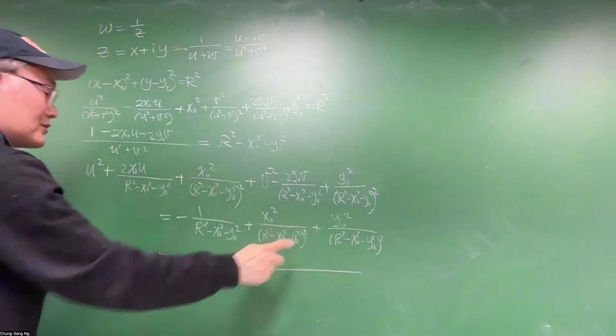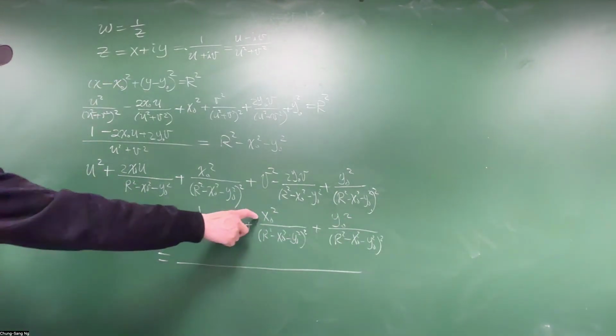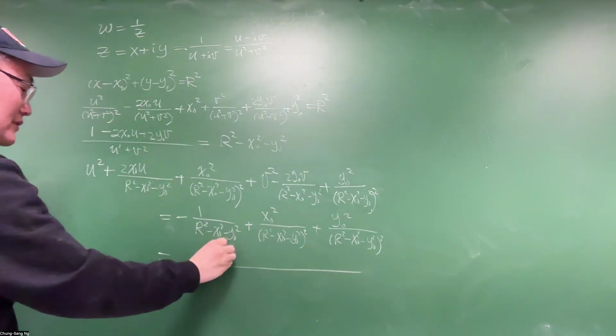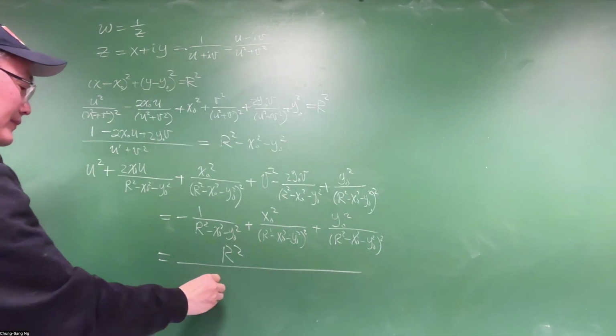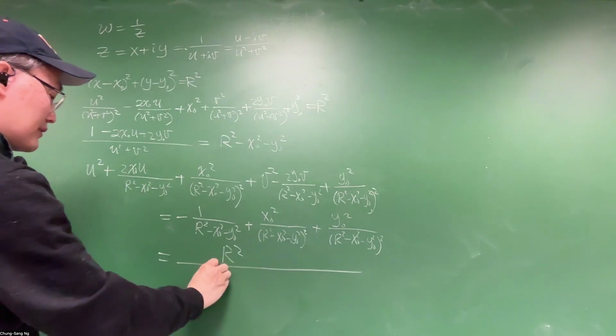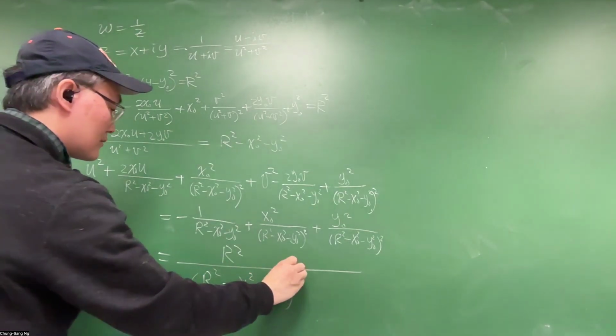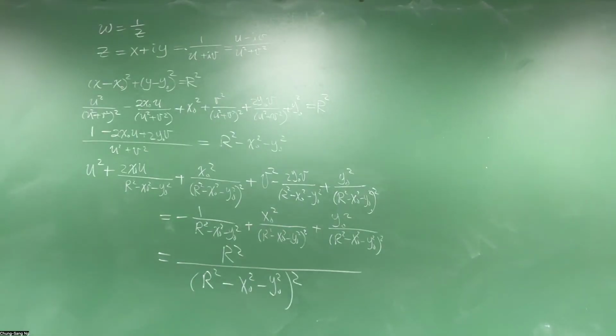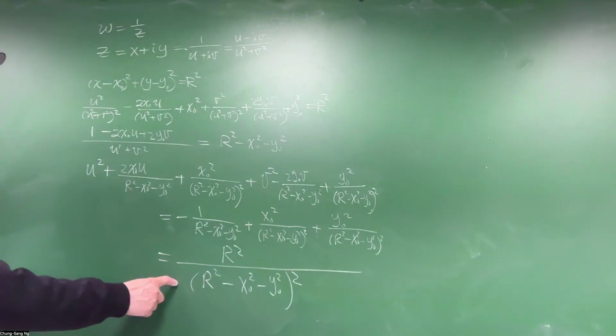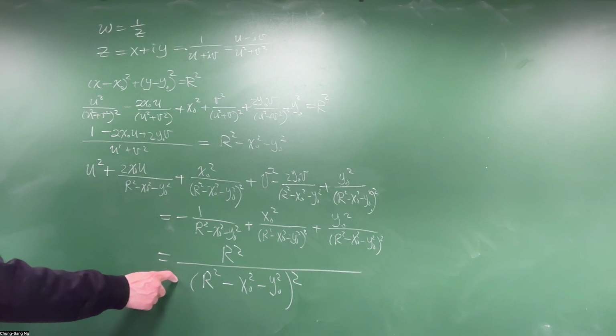But you combine with these two terms, so you cancel the x0 square and y0 square, because just r square. And then the denominator is the square of this. So that's the square of the radius on the W plane.